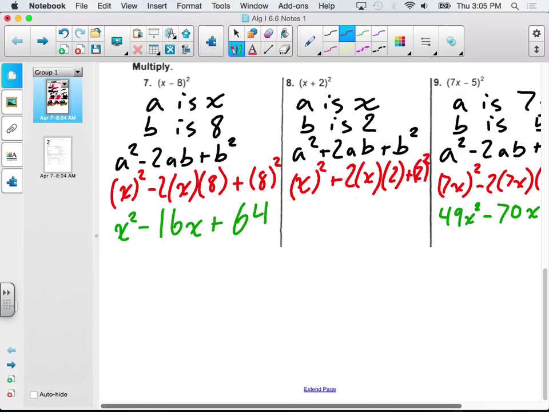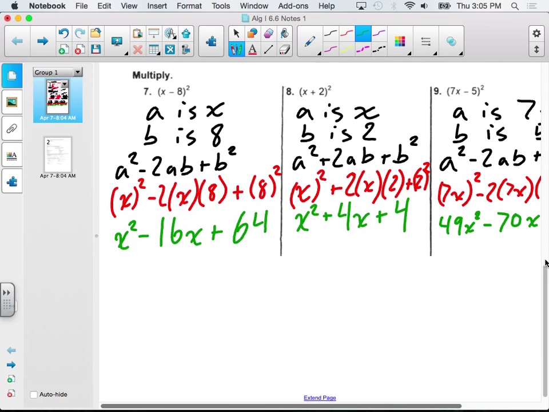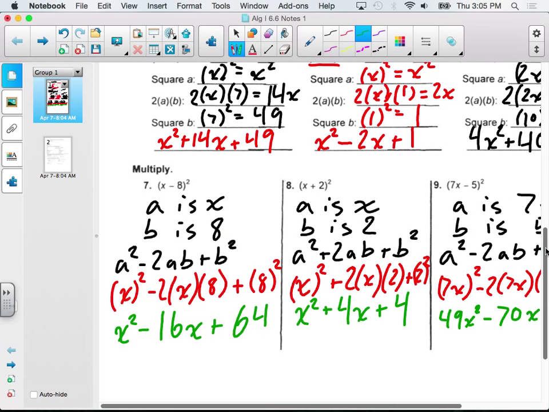Alright, so x squared just becomes x squared, right? Then we have 2 times x times 2 is 4x, and then 2 squared is 4. Everyone get that answer? Awesome. So all of our answers here were what kind of polynomials?